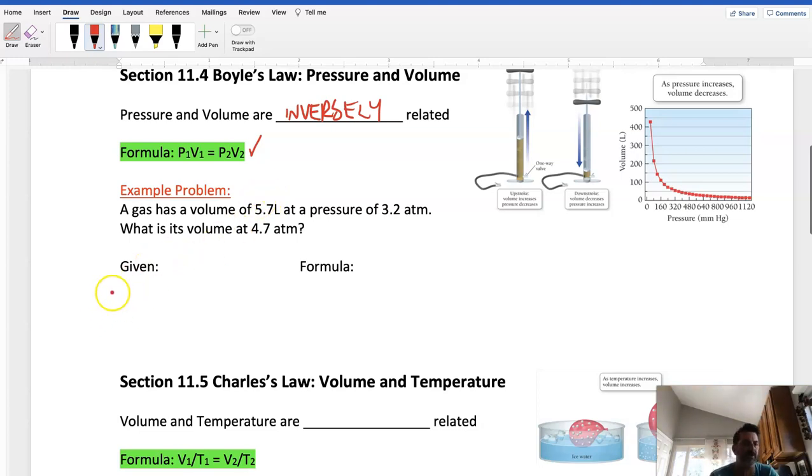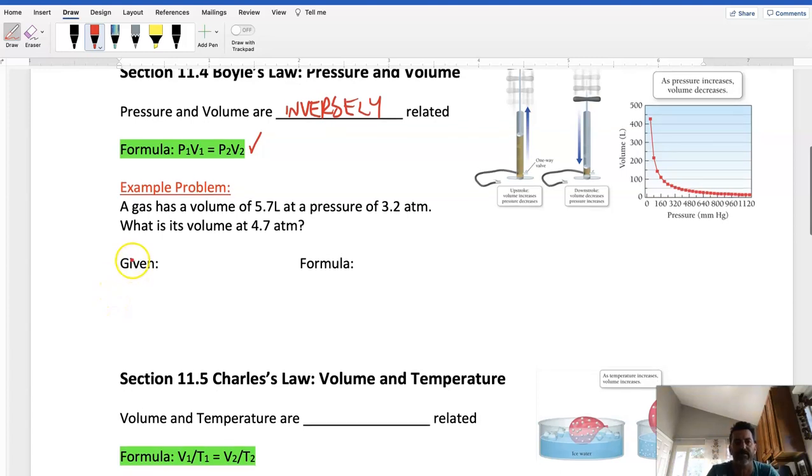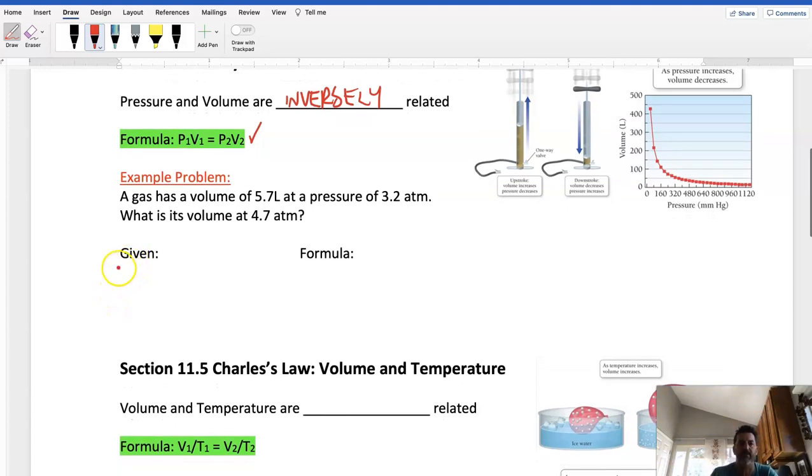The best way to do all of these gas law problems is to write out what you have, what's your given. Okay, so a gas has a volume. I'm going to try and keep these all straight by saying that's my V1, my volume 1, 5.7 liters, at a pressure P1 of 3.2 atmospheres.